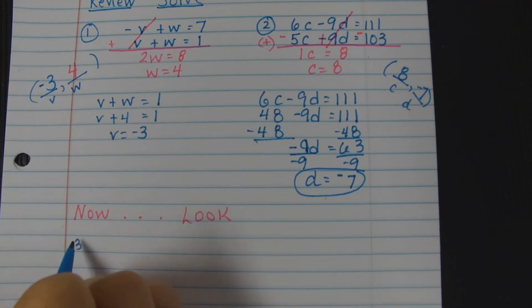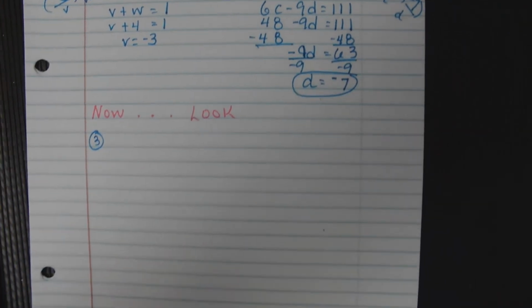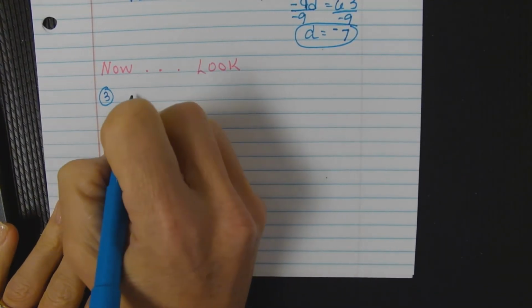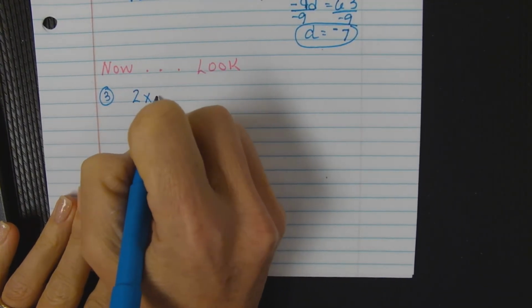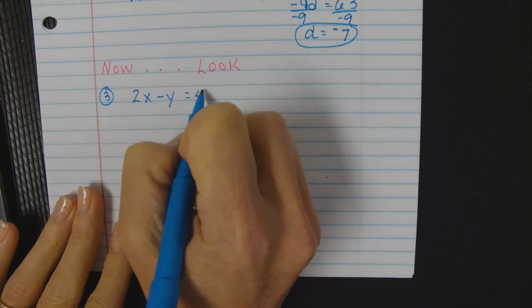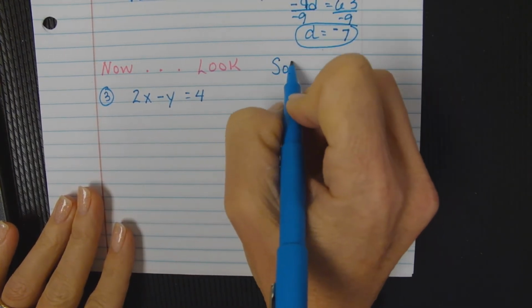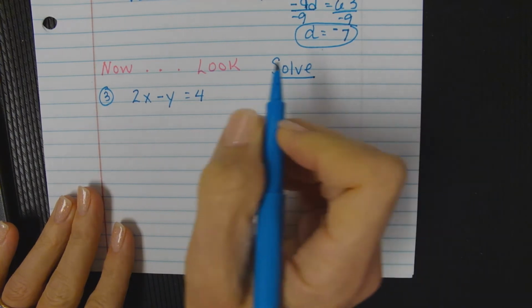So I'll call this example 3. Guess what the directions are going to be? What have they been? Solve.